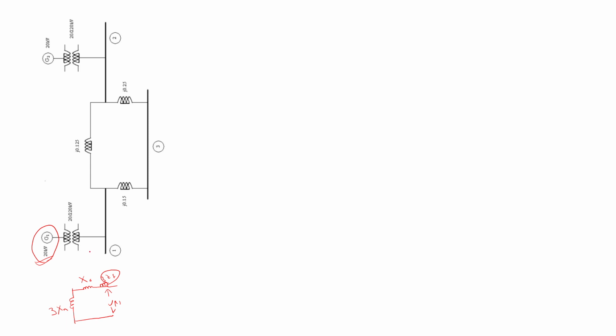So first we need to calculate without fault impedance. So this is the zero sequence diagram of the generator. The zero sequence diagram is 3xn, that is 3 into 0.25 by 3. It is given in the problem. Then 3 gets cancelled, and this is the zero sequence of the synchronous generator.